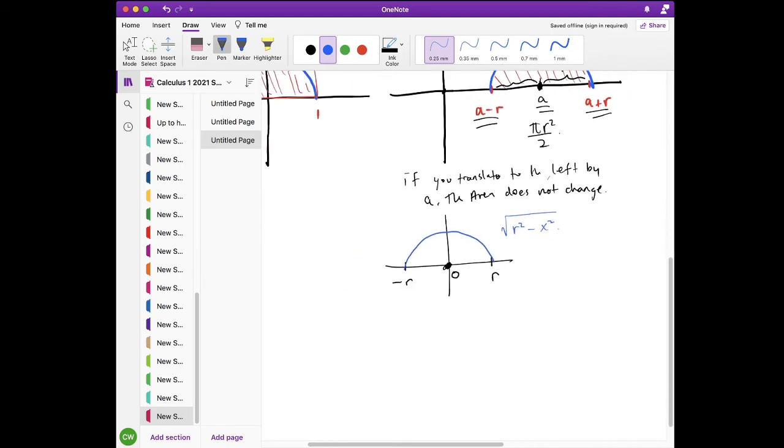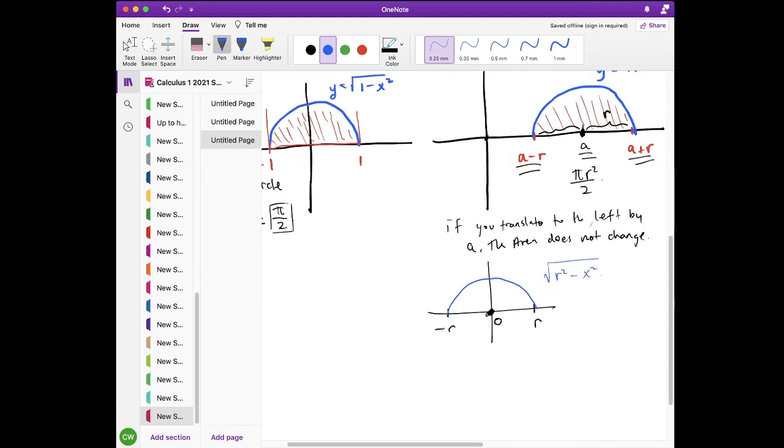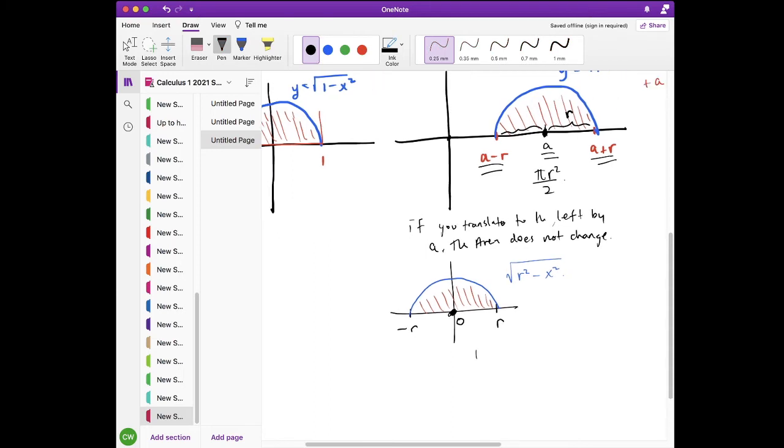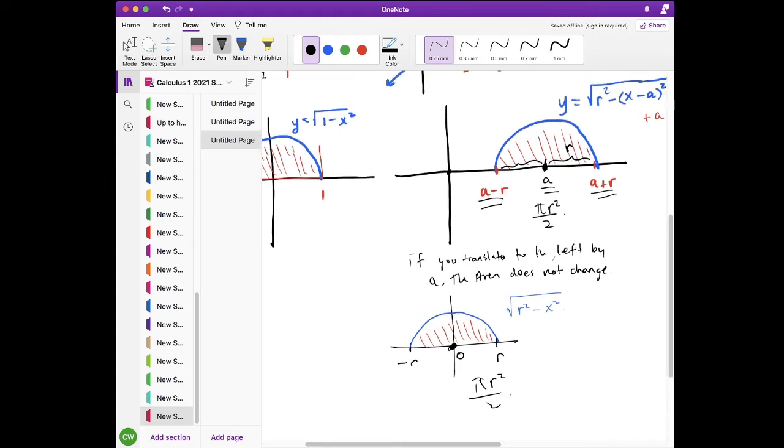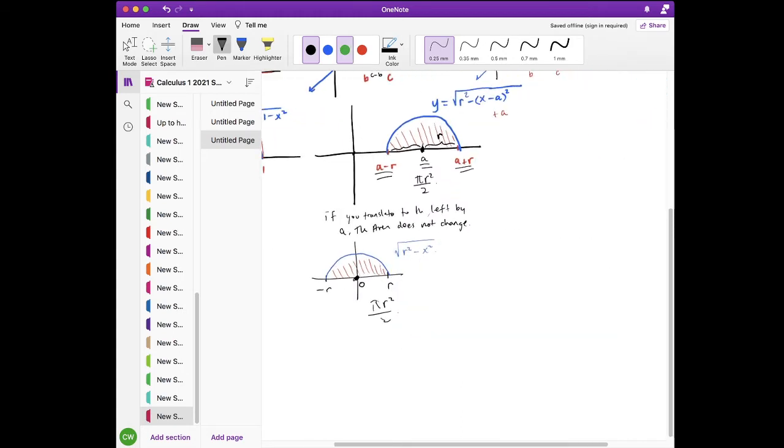So now, viewing that, do you see why the area is pi r squared over 2, and has really nothing to do with a? Yeah, the red herring here was the a. A doesn't matter, since these are the same by translations.